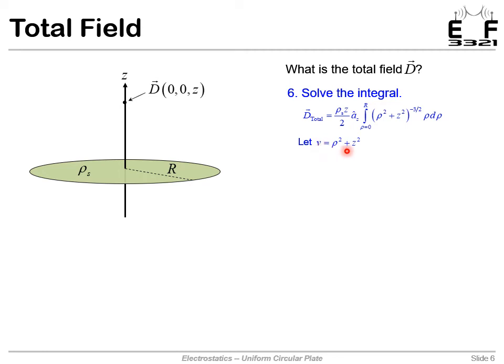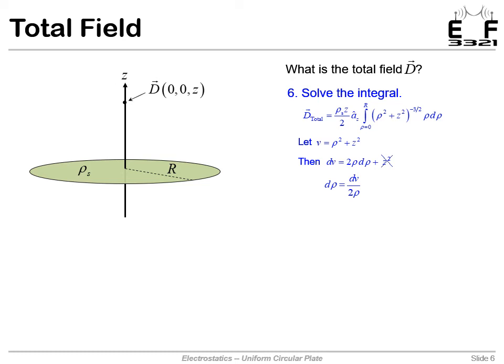To do that, we need dv in here instead of d rho, so we'll differentiate this expression to relate the two. z is not a function of rho, so that just cancels, and we end up with dv equals 2 rho d rho, and we can solve that equation for d rho. This is the expression we can throw into our integral.